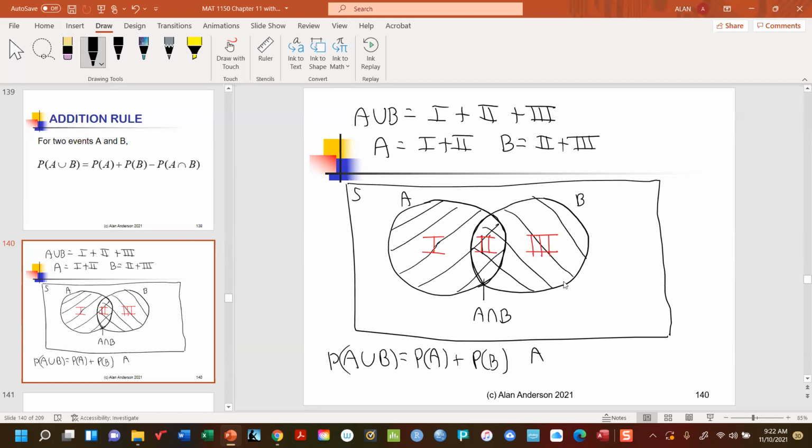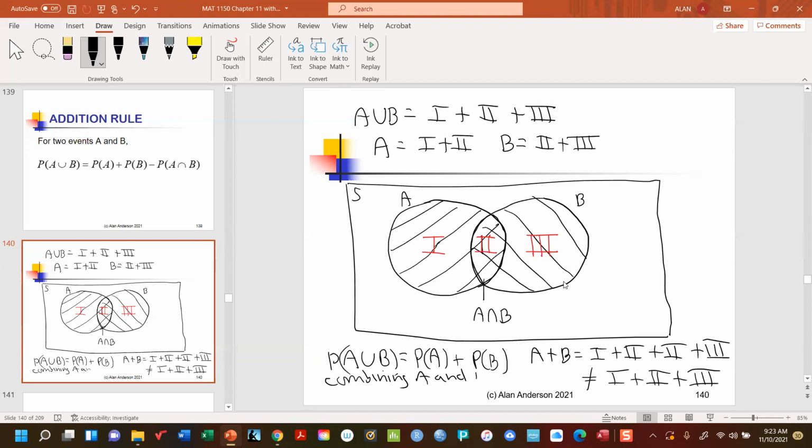A plus B could be thought of as 1, 2, 2, and 3, which does not equal, as we saw on the top, 1 plus 2 plus 3. In other words, just by combining A and B directly, without subtracting the intersection, means double counting section 2.